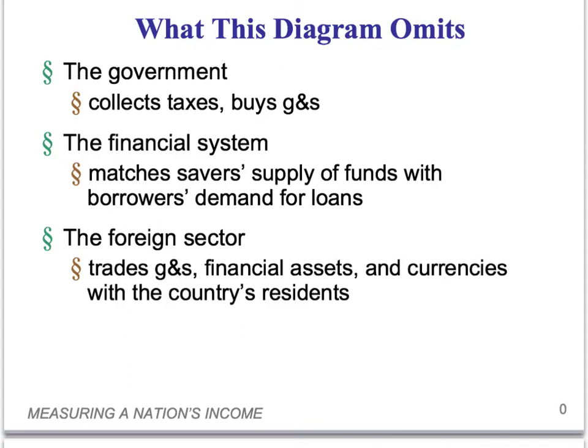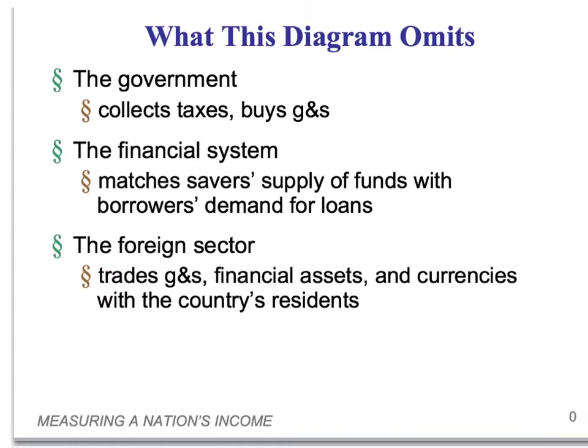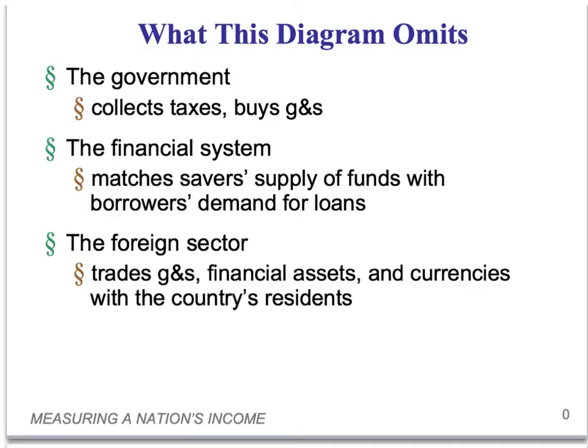Okay, welcome back. So as I was saying, certain things that the circular flow diagram omits are the government, the financial system, and the foreign sector, imports and exports.